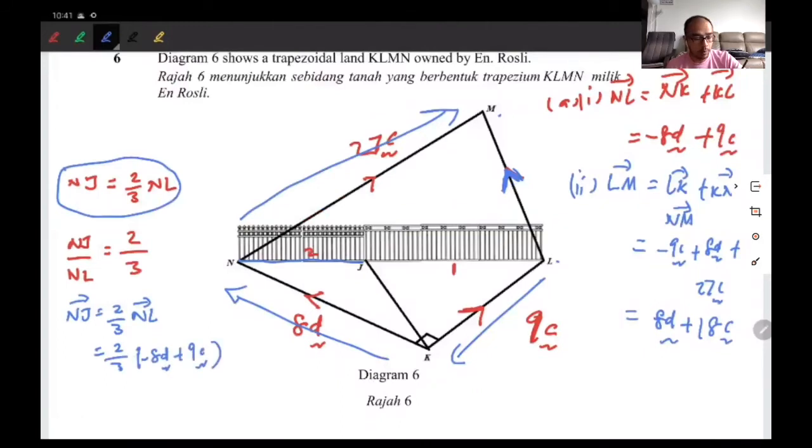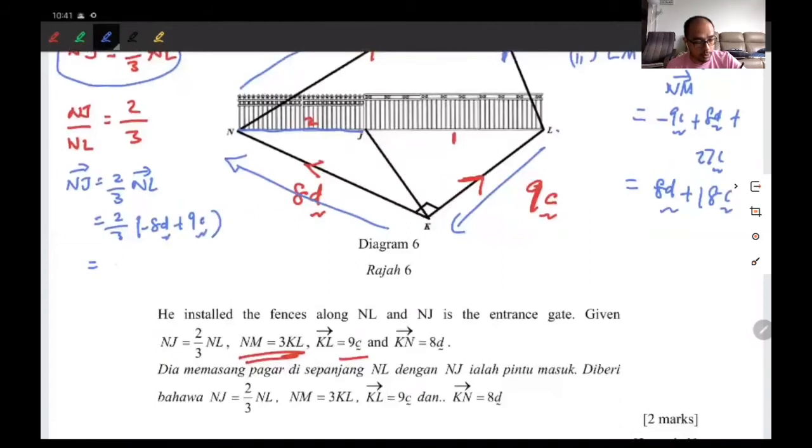When I multiply this, I get negative 16 over 3 D plus 6C.